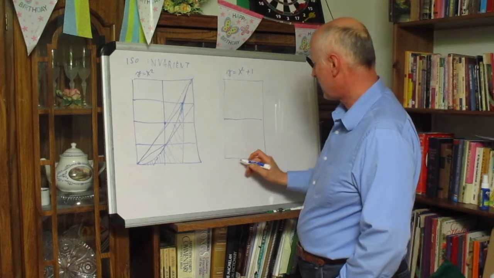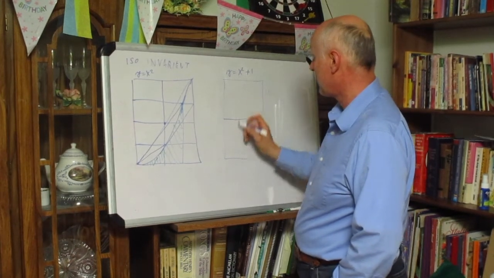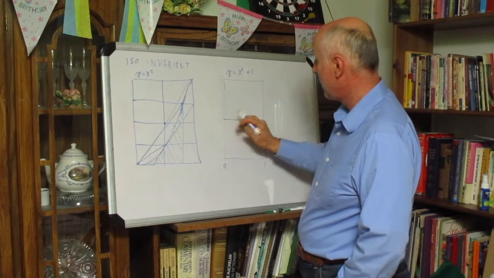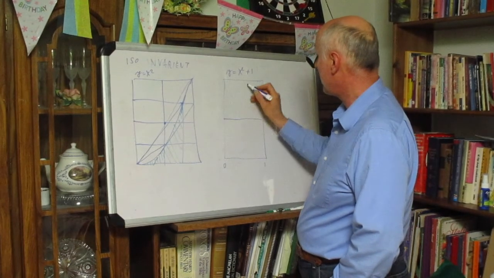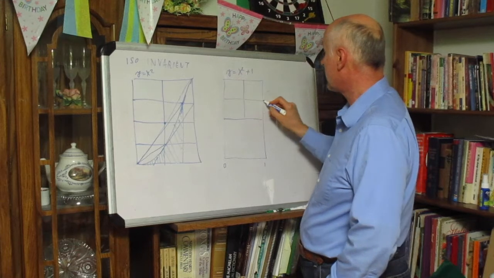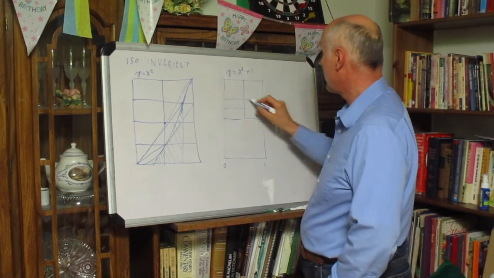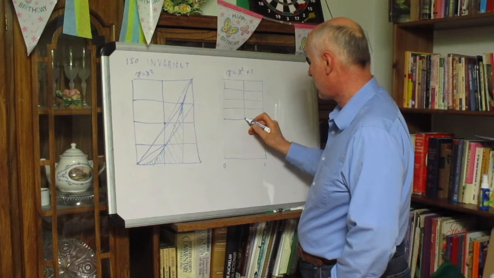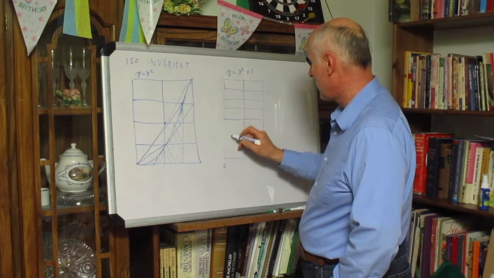It looks something like this, right? 0 to 1, and we go like this, and of course it continues on.